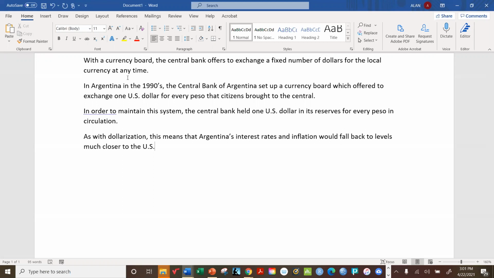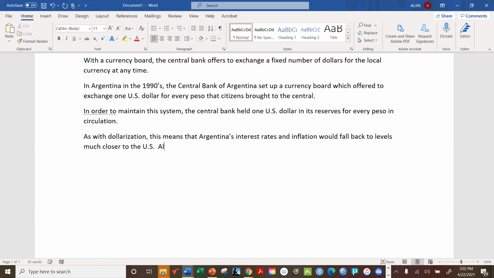Now, Argentina unfortunately has a long history of experiencing high inflation and high interest rates. They have a tendency to go through these cycles where all of a sudden their unemployment rate is high, their interest rates are high, their inflation rates are high. And they've had years where they had inflation in the thousands of percentage points. This helps bring that back down again to more normal levels.